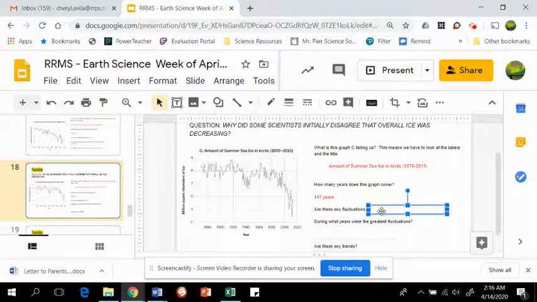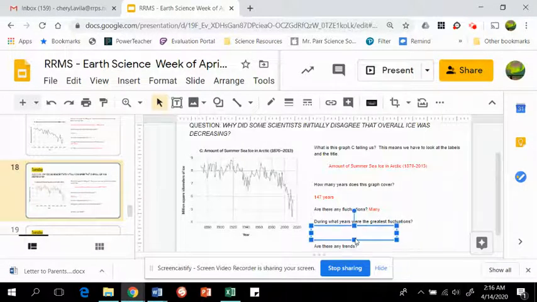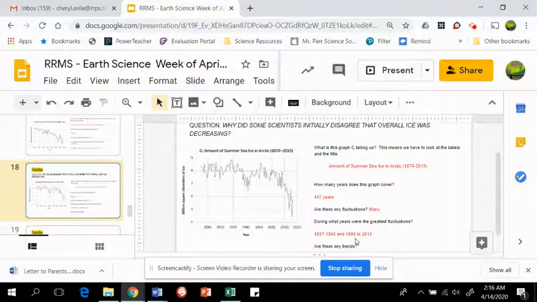A lot of fluctuations. So yes, there are many. During what years were the greatest fluctuations? I'm noticing a few big dips here, here. So greatest fluctuations, 1937 to 1945 and 1995 to 2013.